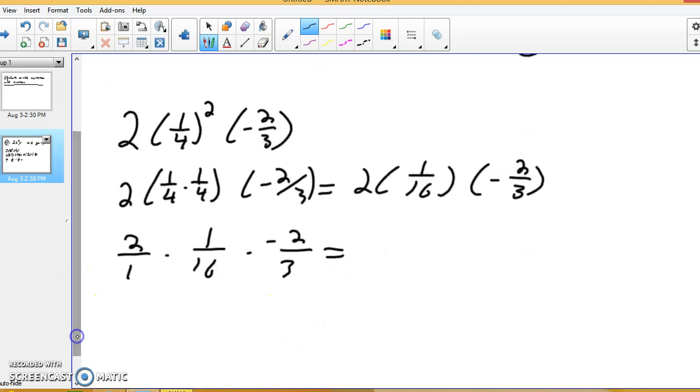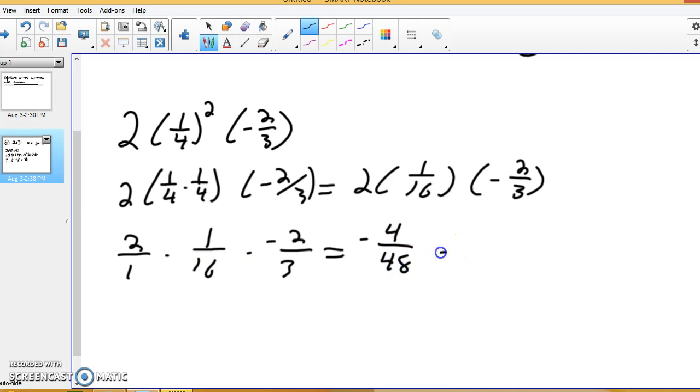Since we're multiplying straight across, we can do this all as one operation. So 2 times 1 is 2, times negative 2, that's a negative 4. 1 times 16 is 16, times 3, that's 48.